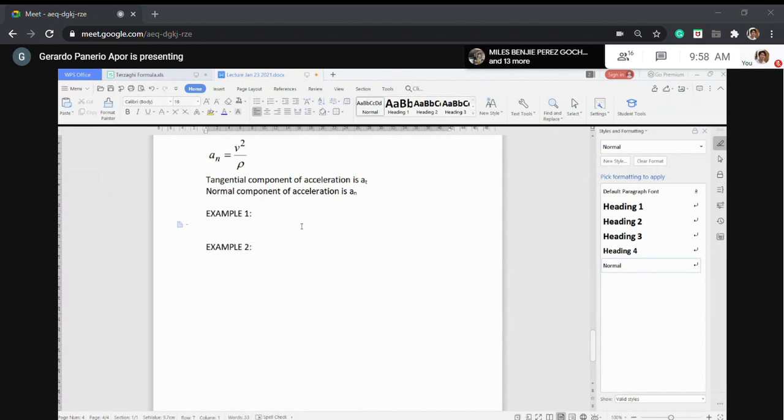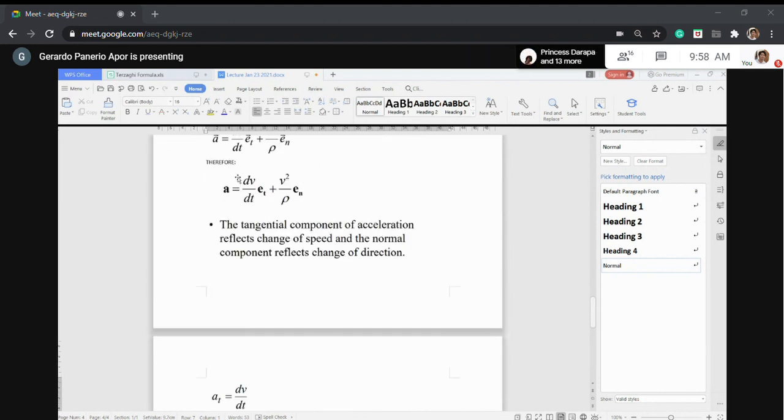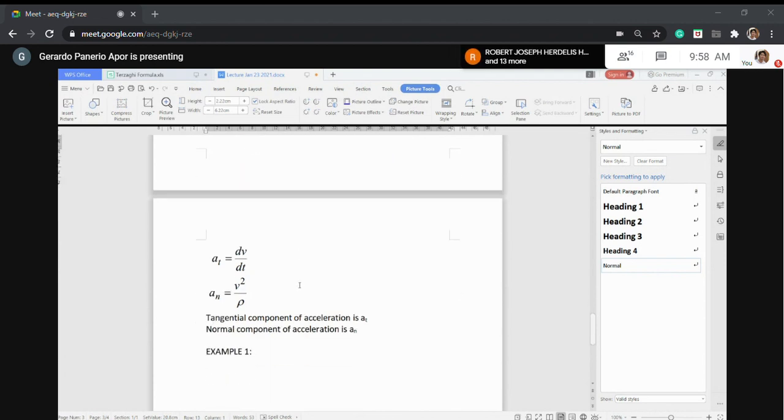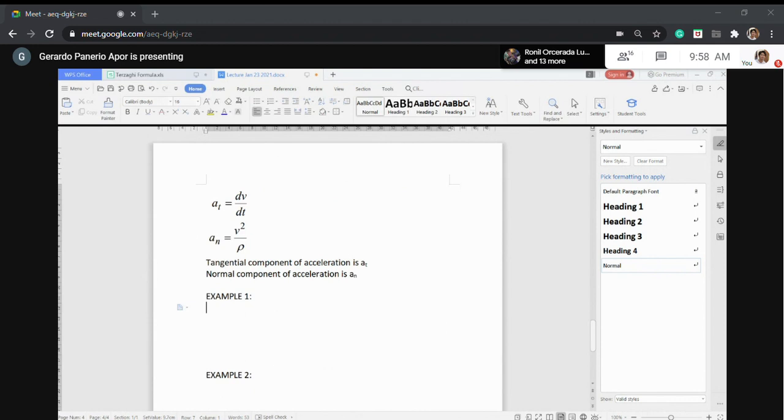So in order that we can apply this equation, we will have an example. Okay, so the example is this one.